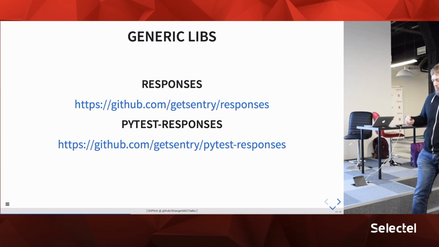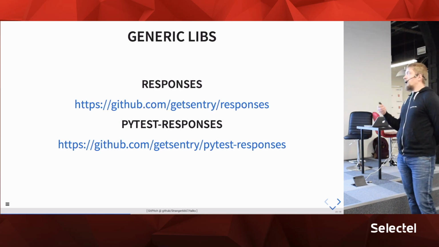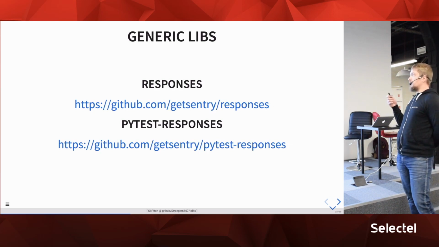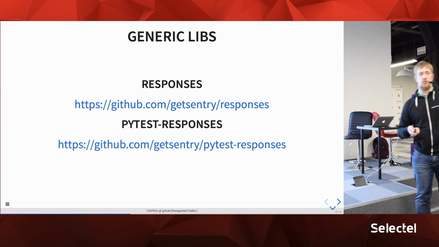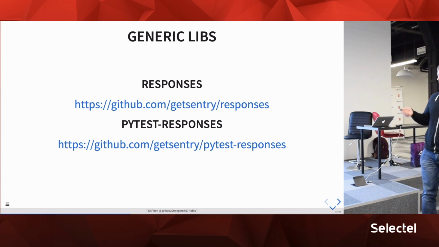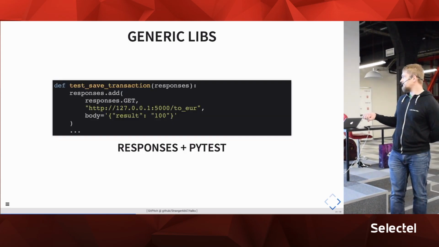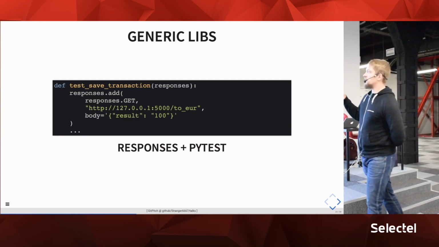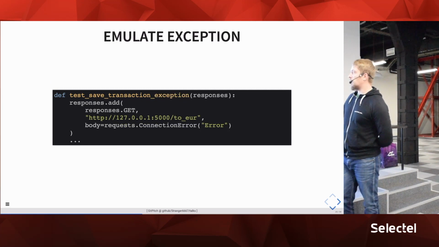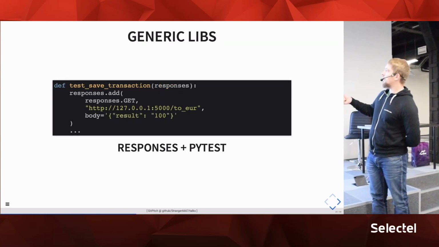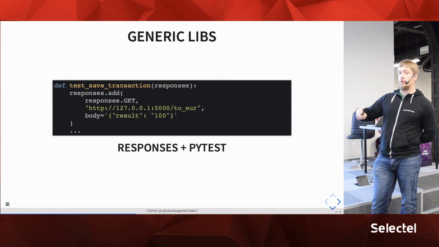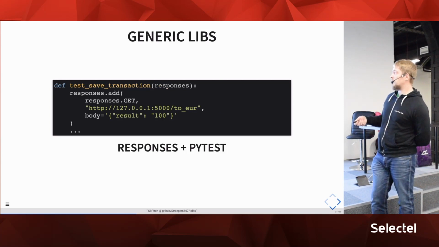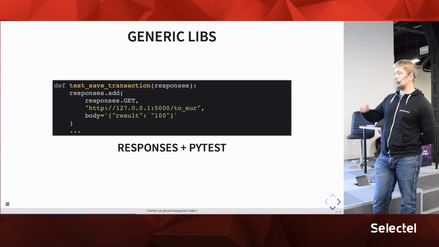So let's move on. And for requests, there is a nice library called Responses developed by the Sentry team, and there is a PyTest plugin for it. So it provides an API where you could just add some mock for your request, and it will be matched when the actual interaction will happen.